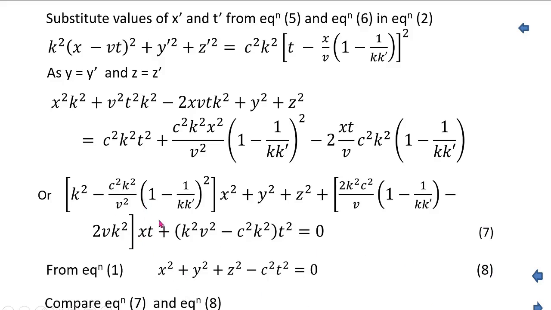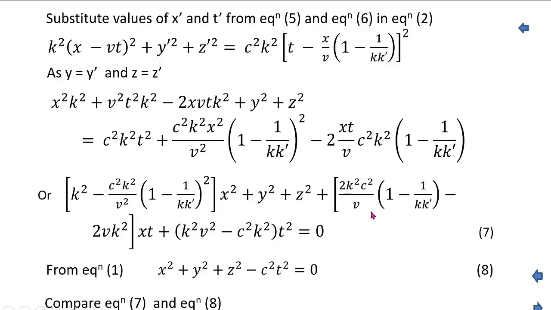If we compare, the coefficient of x square is 1, therefore we get k square minus c square k square upon v square (1 − 1/k dash) bracket square is equal to 1.